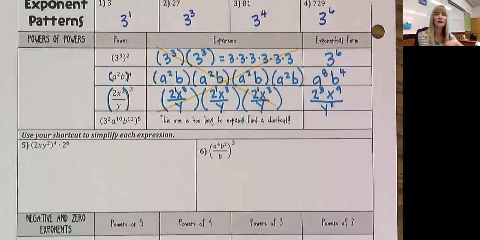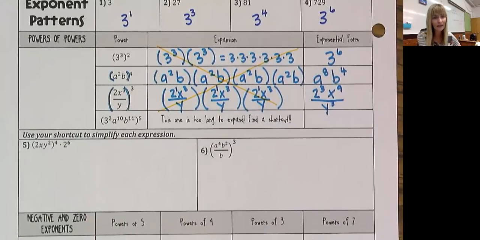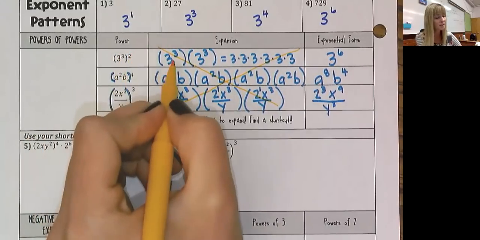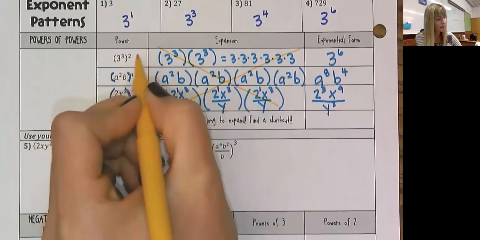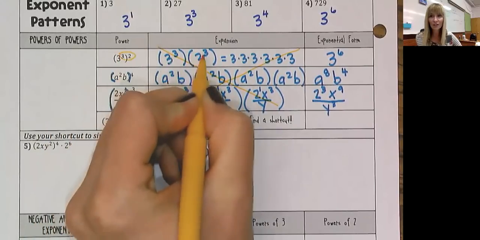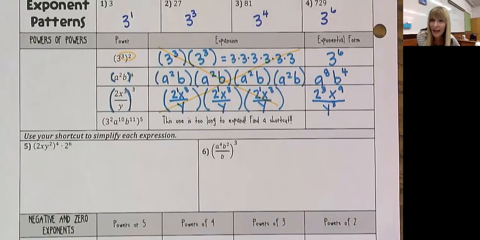And this is the point in class where I'd say, you guys, what's going on? What's the shortcut? How do I get from here to here? And you guys very quickly see, oh, what's happening here is, if I take a power and raise it to another power, I'm going to split that into 2. And really, I've taken this and turned it into repeated addition, which in the beginning is just multiplication.